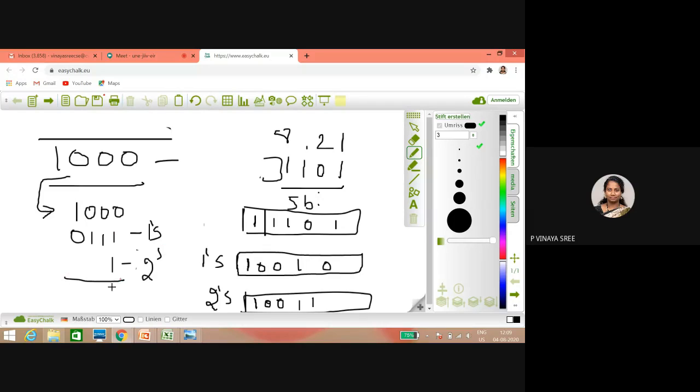If you add 1, you get 01000, which is 8. So the result we got is -8.